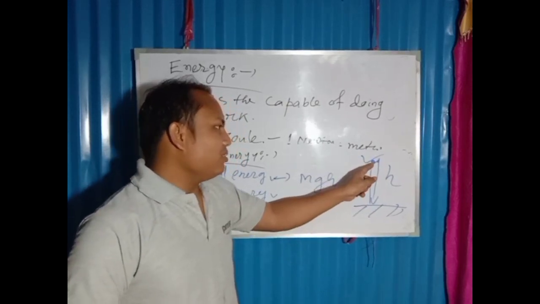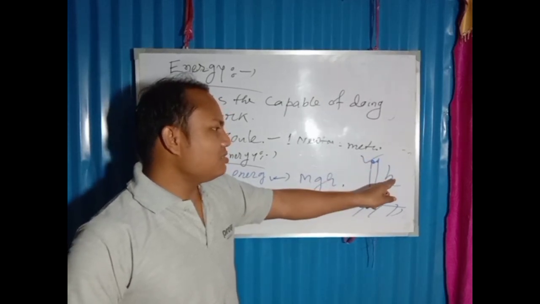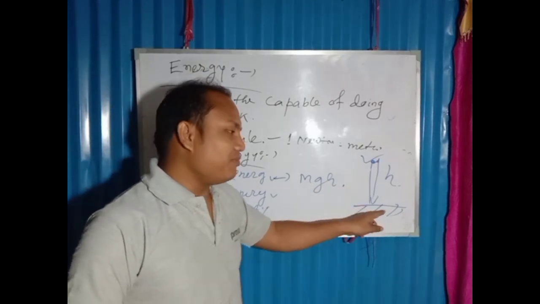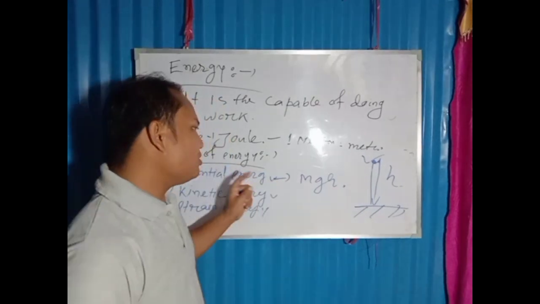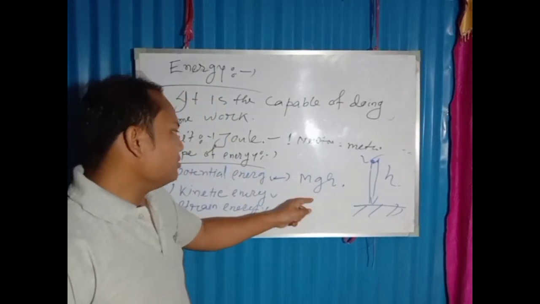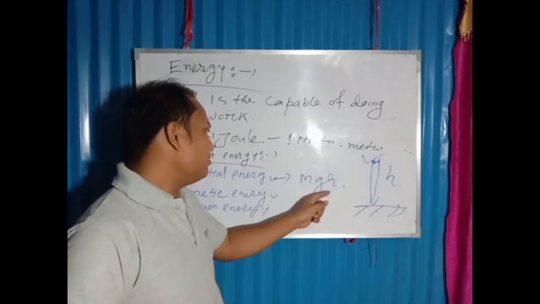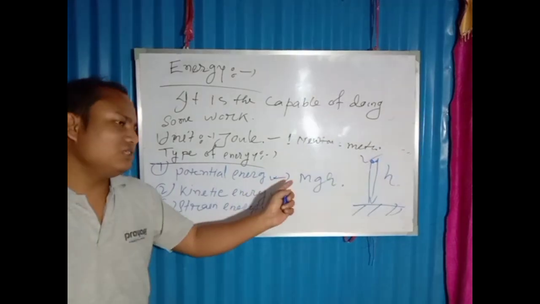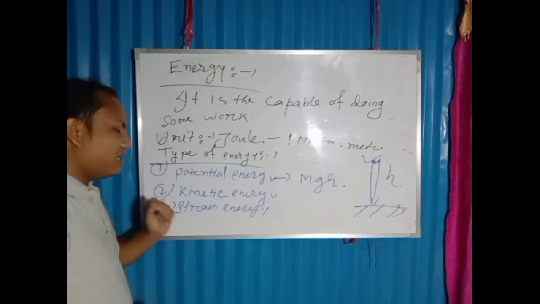From the ground to this position is h, and a gravitational force is also acting on this body. So by this formula, mgh, we can easily calculate the potential energy of this body. Okay, next point, kinetic energy.